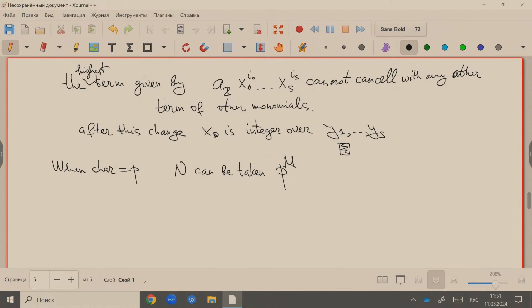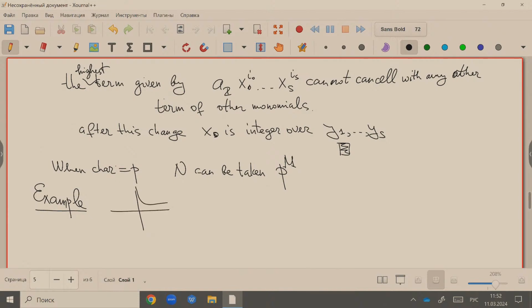However, coordinate-wise it is a composition of the linear map and taking p-th power, so it is not quite a linear projection. Let me give an example, my favorite one in algebraic geometry.